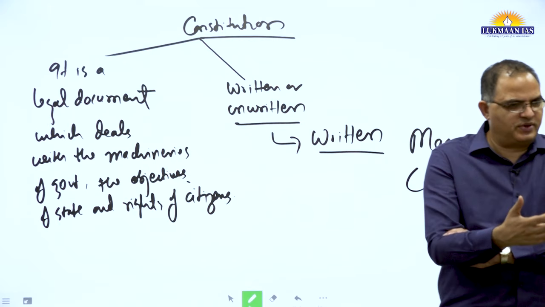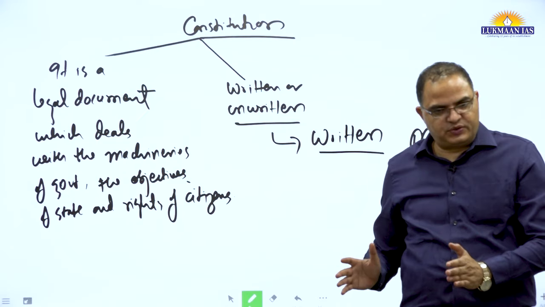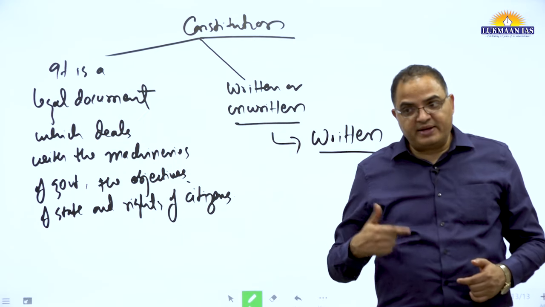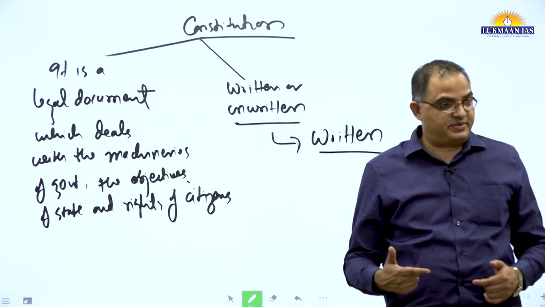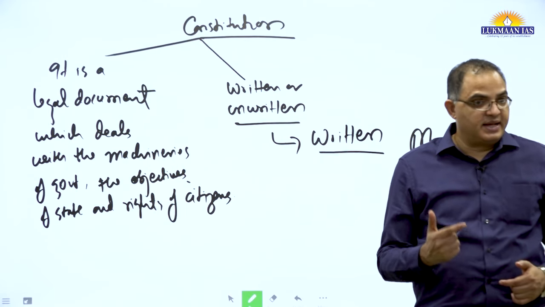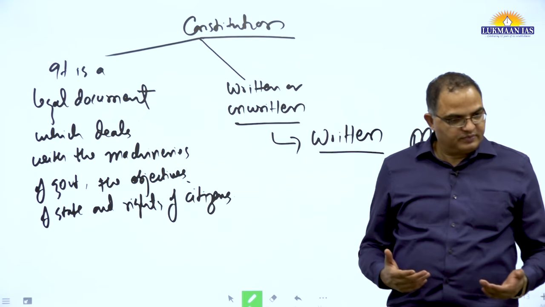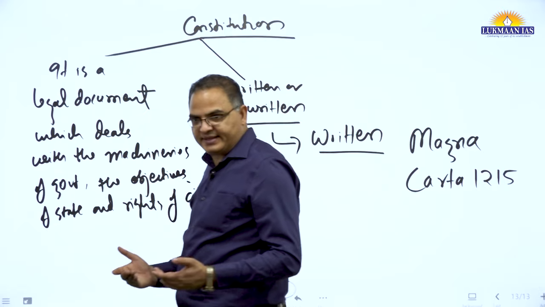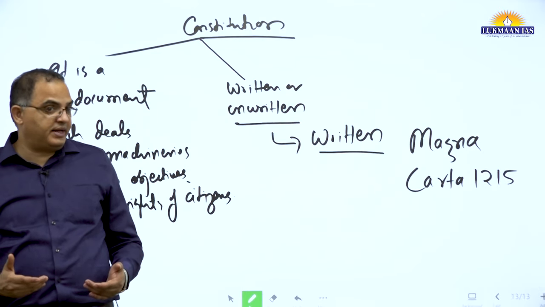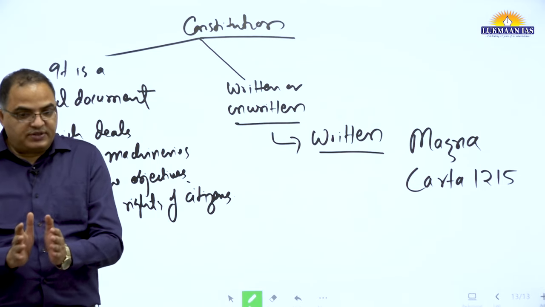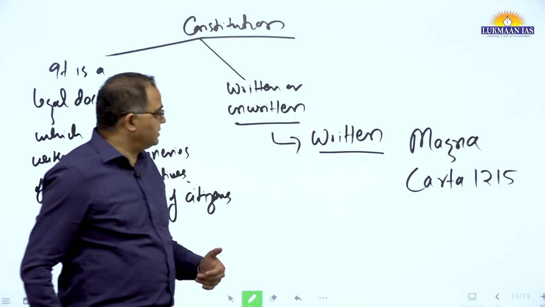This we'll learn gradually. A written constitution which has been adopted will also mention the process of amendment, the methods of amendment. Hence, it cannot be easily changed, like our constitution, which is rigid as well as flexible. But what does it mean when we say unwritten constitution?